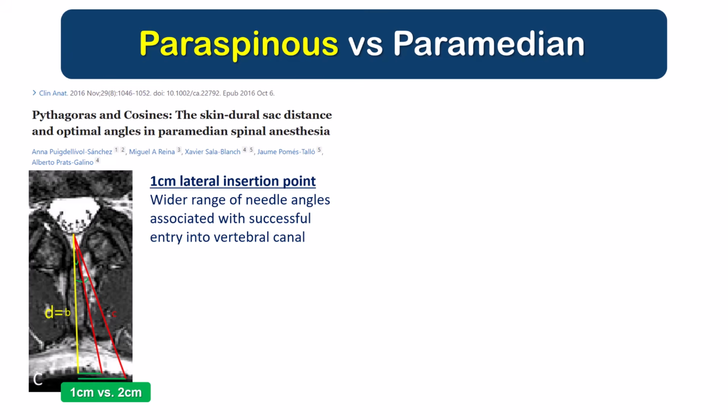In another study, a group led by Miguel Reyna used MRI images to calculate the angles for successful paramedian needle entry into the vertebral canal. They note that conventional wisdom dictates an entry point 2 centimeters lateral, but they found that a closer insertion point 1 centimeter lateral was associated with a much wider range of angles that would allow success.